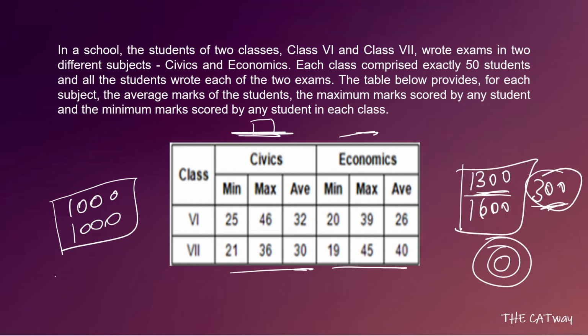Let's say the first student got 46 marks. Similarly, for economics, we will give him only 20 marks.